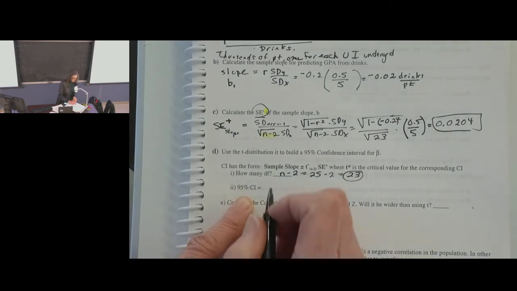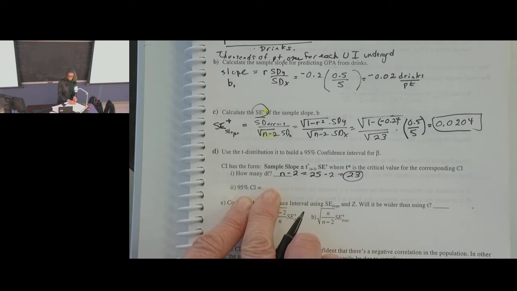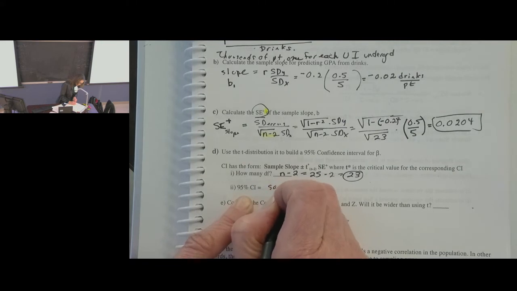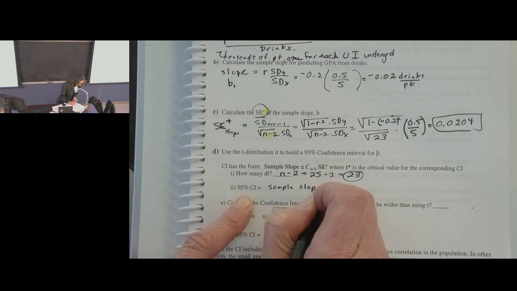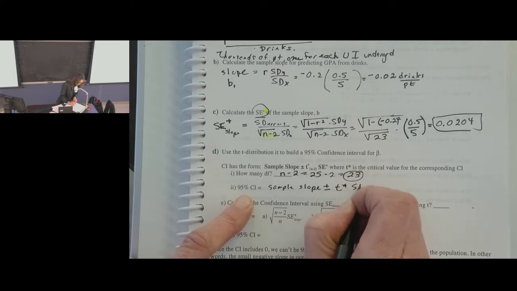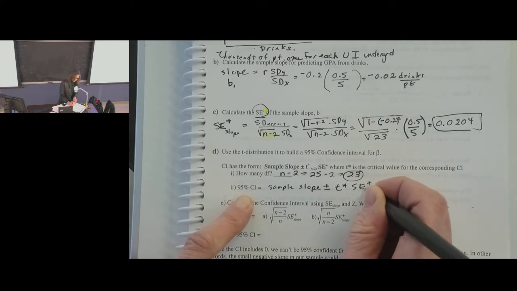All right, so a 95% confidence interval is going to be what? Do you remember, it's the usual thing? You just take your sample slope, which is right here, sample slope plus or minus t star times the standard error for the slope. That's all we're doing.